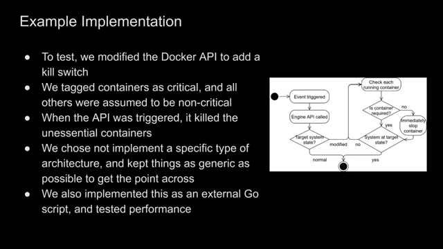So we chose not to implement a specific type of architecture in this case because we wanted it to be as generic as possible. We wanted to just see if containers can be killed in a reasonable way that would be reflective of the pattern.